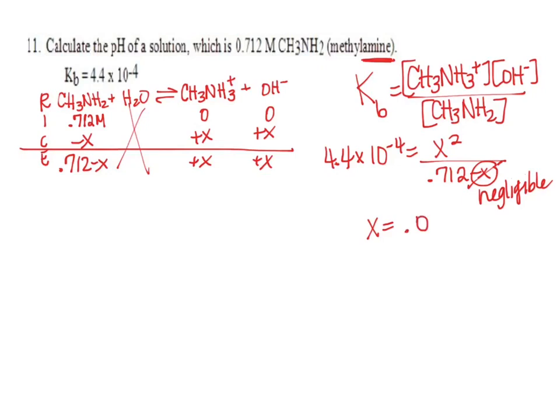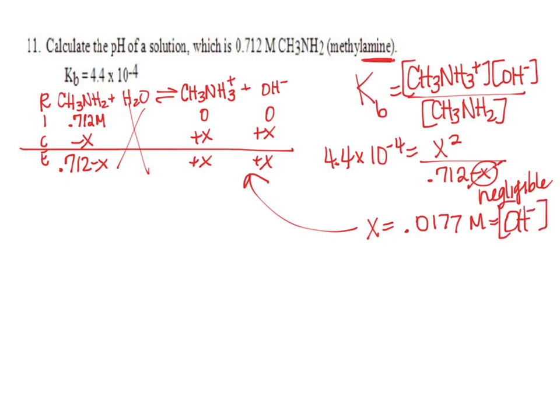0.0177, and that is molarity. And X, I always go back to my rice table and see what is X. Was X OH or H plus? And here it was OH minus.